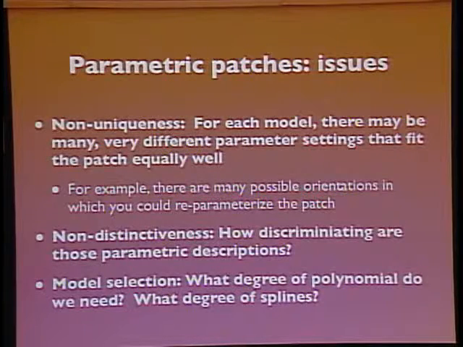So there's an ambiguity in terms of how it ought to be parameterized, which is a problem because in practice you can have 2 patches of the surface that are identical to each other, but they happened to get different parameterizations and therefore didn't match each other.